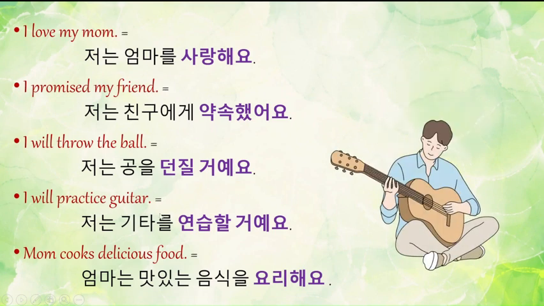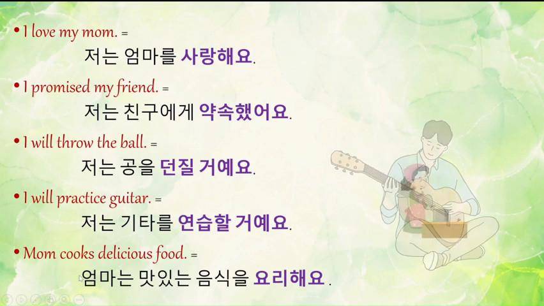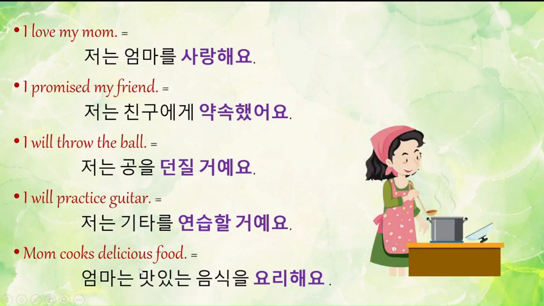I will practice guitar. 저는 기타를 연습할 거예요. The verb 연습하다 is being conjugated in the future tense. And the last one is, Mom cooks delicious food. 엄마는 맛있는 음식을 요리해요. 요리하다 in the present tense.